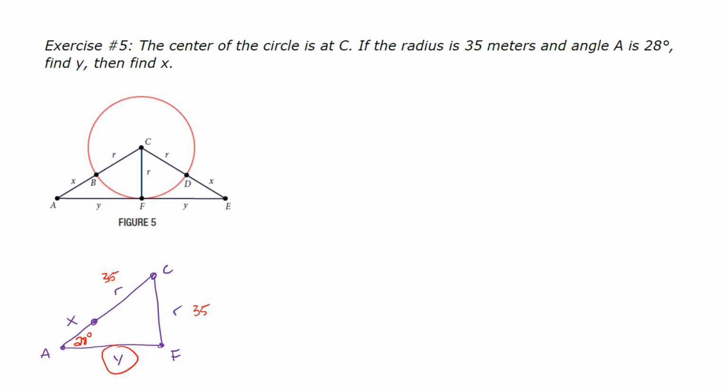Well, I know my angle is 28. I know its opposite side is 35, and I'm trying to find its adjacent side. Well, what trig function can I use to help me?